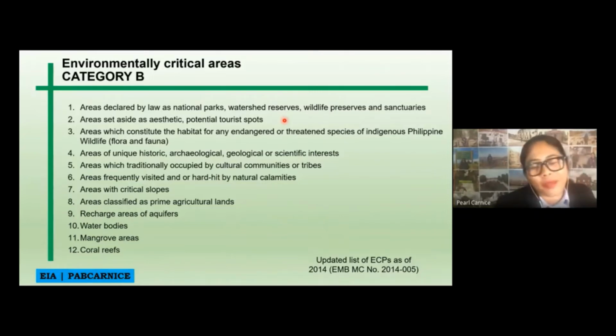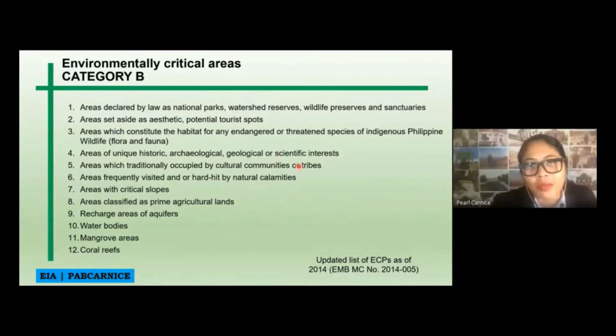I hope I got it right, because one of the principal scientists of the specific project is actually my professor in UP. But anyhow, since it has a scientific interest, it belongs to an area with a high scientific interest. So therefore, any project that will be done in the Benham Rise will definitely need an ECC.